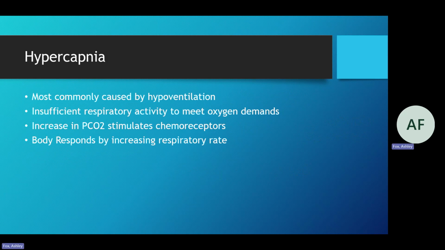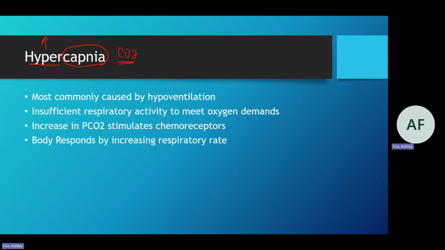So now we're going to look at capnia. When we talk about hyper, which is high, and capnia, that is looking at carbon dioxide. So hypercapnia is high carbon dioxide.